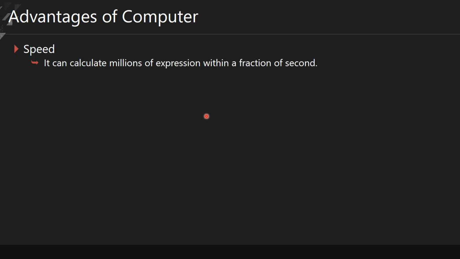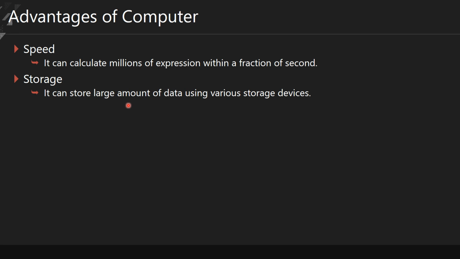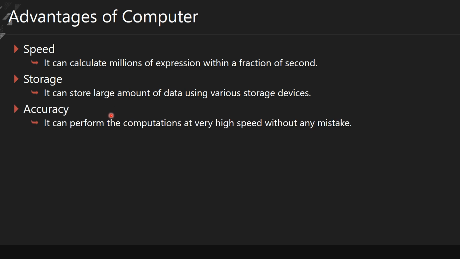The major advantage of using computers is, first of all, speed. It can calculate millions of expressions within a fraction of a second. Then storage. It can store a large amount of data using various storage devices. Then accuracy.